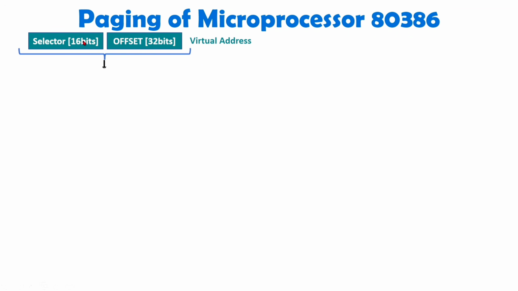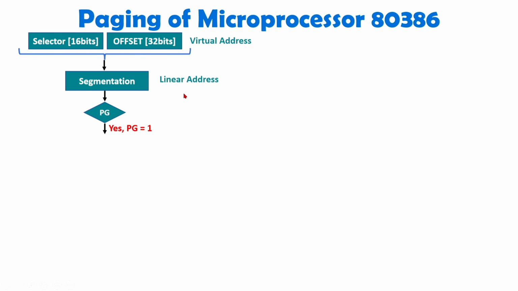So my dear students, as I have explained, we have a virtual address provided by selector and offset, and that virtual address will be translated into linear address by memory segmentation. After memory segmentation we will have the linear address, and that will be converted into physical address based on paging.